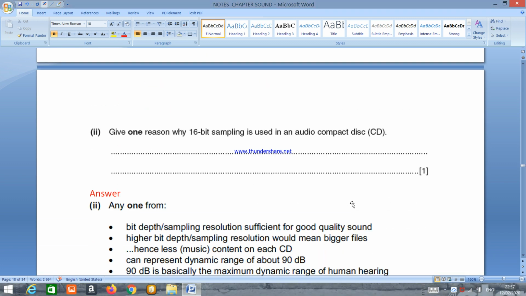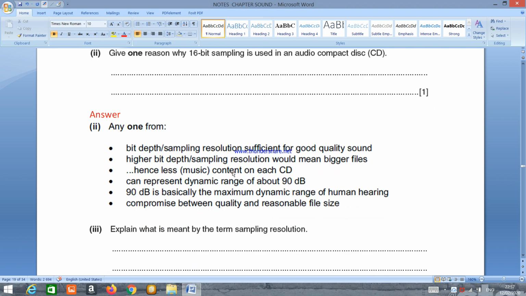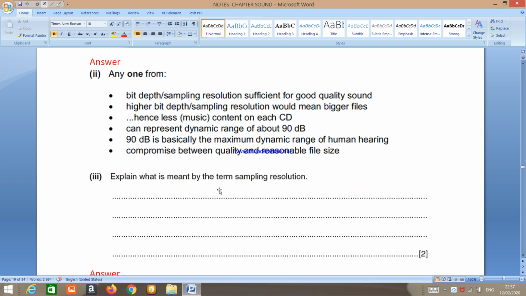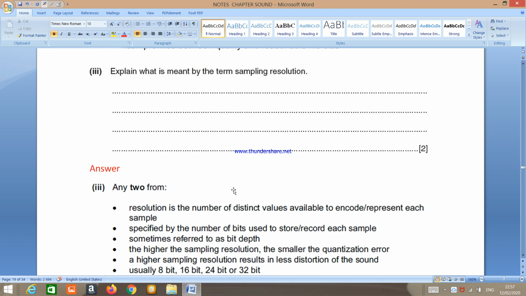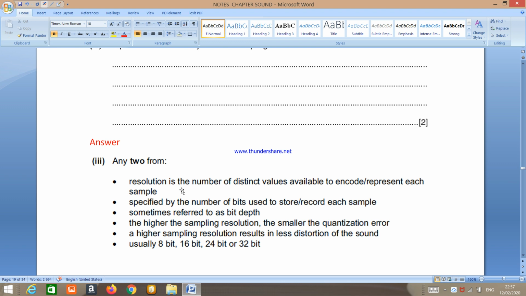Second question, give one reason why 16-bit sampling is used in audio compression. This one we have already covered earlier. Explain the term sampling resolution. Sampling resolution is the number of distinct values available to encode each sample.